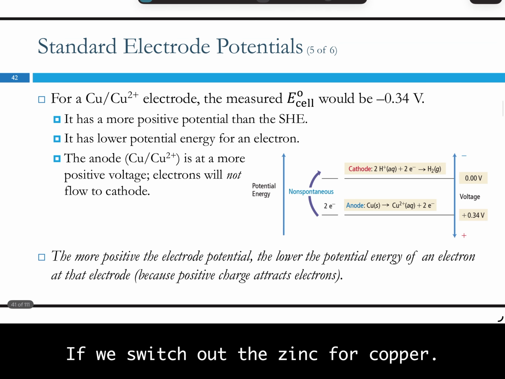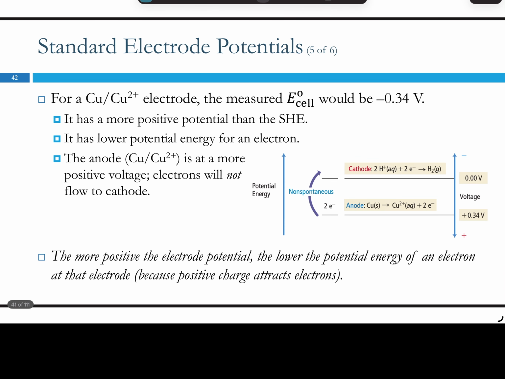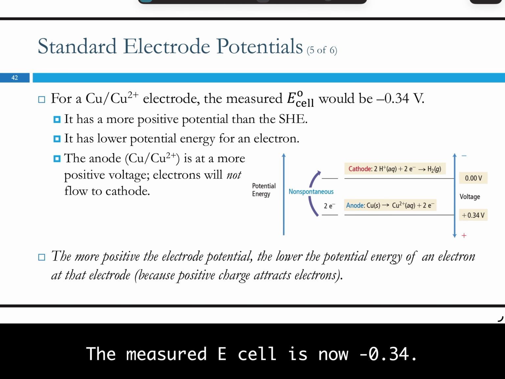If we switch out the zinc for copper, and again, copper here is the anode, the measured E cell is now negative 0.34.